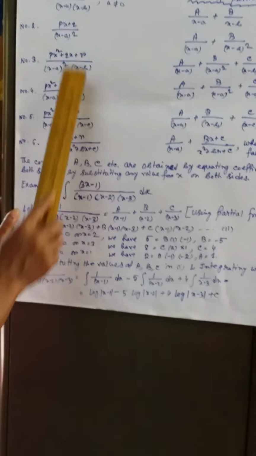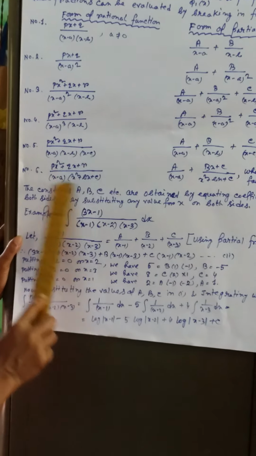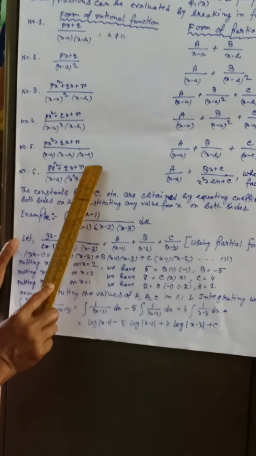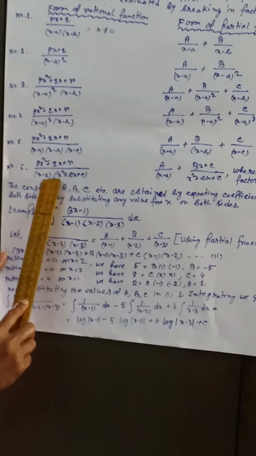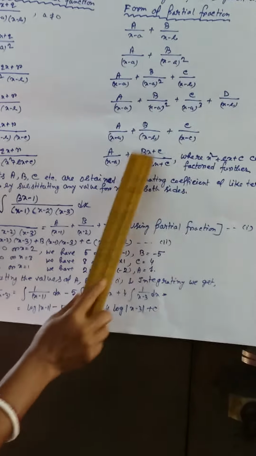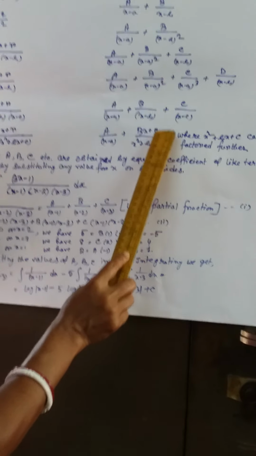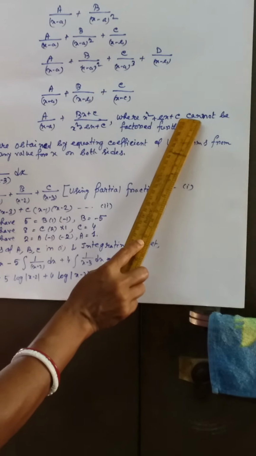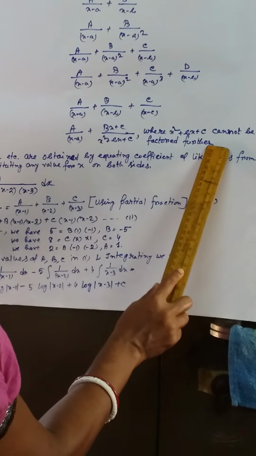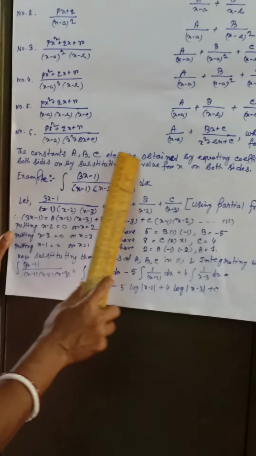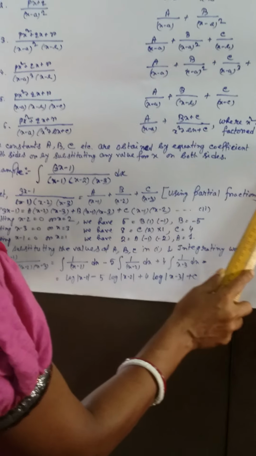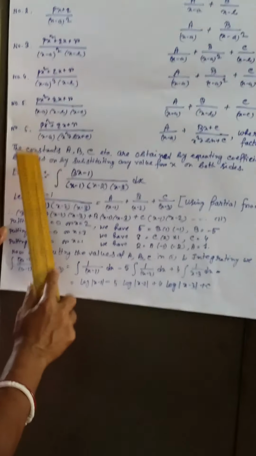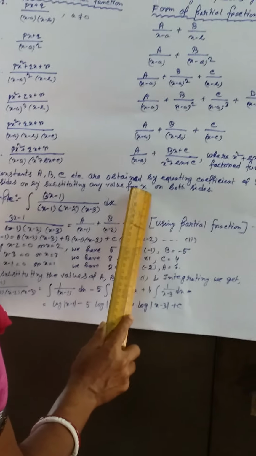And number 6: if the form is (px square + qx + r)/((x - a)(x square + bx + c)), then the partial fraction is A/(x - a) + (Bx + C)/(x square + bx + c), where x square + bx + c cannot be factored further. The constants A, B, C are obtained by equating coefficients of like terms from both sides or by substituting any value of x on both sides.